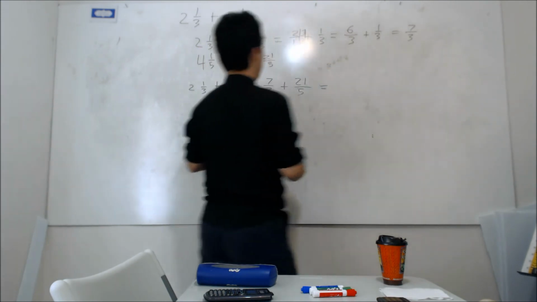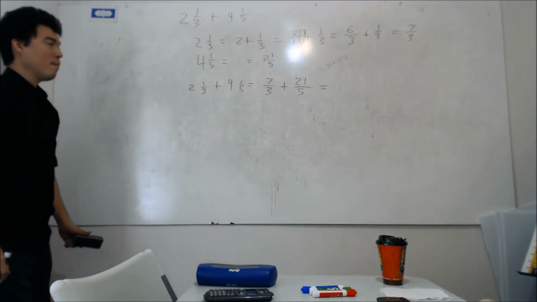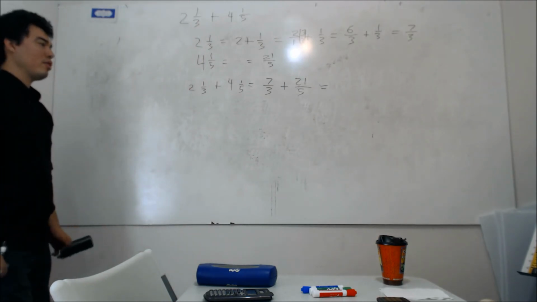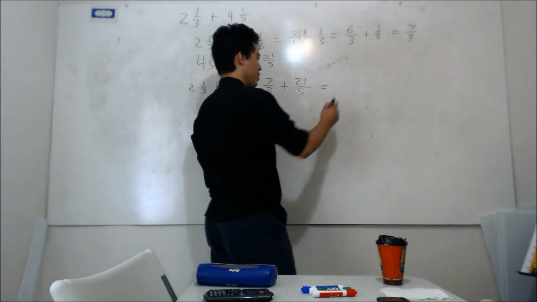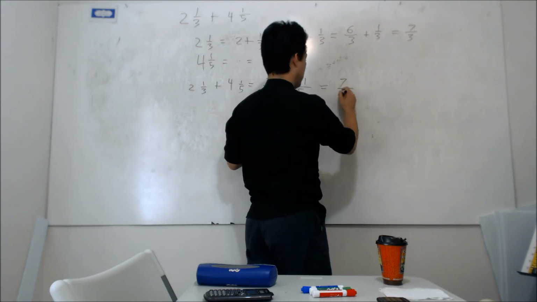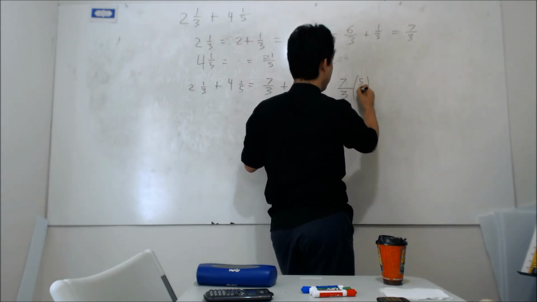Now I'm going to let you guys calculate this at home, but the common multiple that we're looking for is 15. So 3 times 5 is 15. So this first fraction is going to be multiplied by 5 over 5.